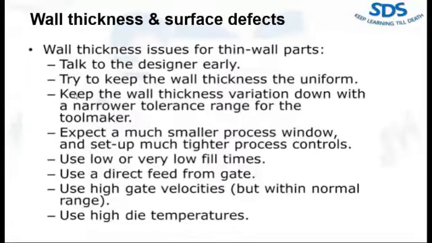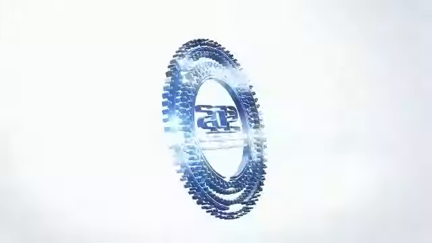As you reduce your wall thickness, you have to increase your machine tonnage so that you keep your casting without flashing. So finally, the die temperature will need to be higher than normal to minimize the heat loss during the die filling.